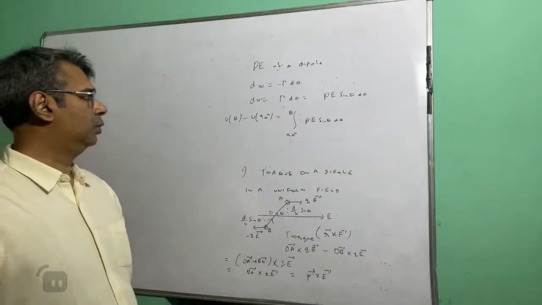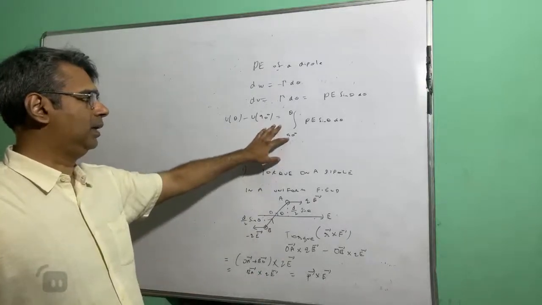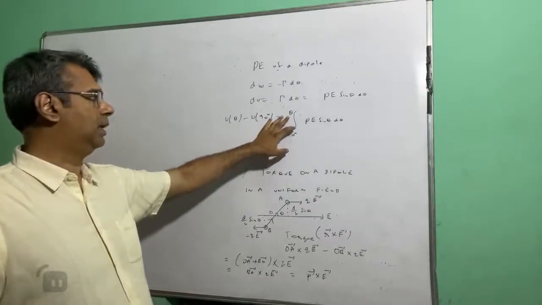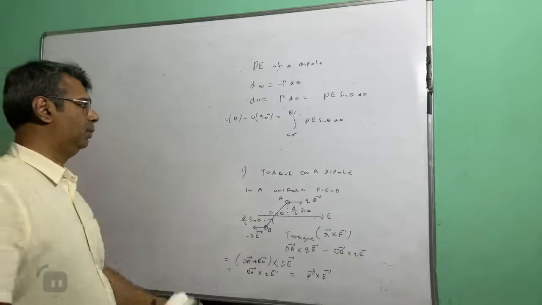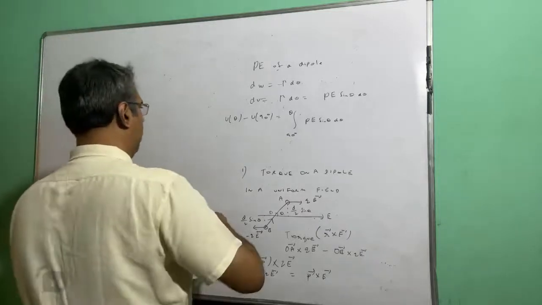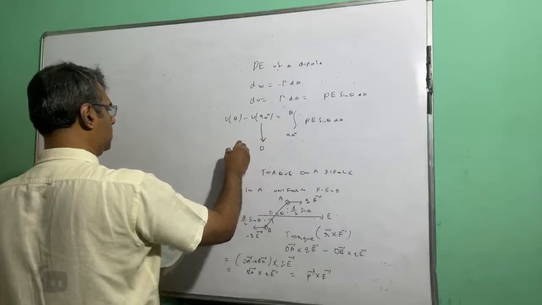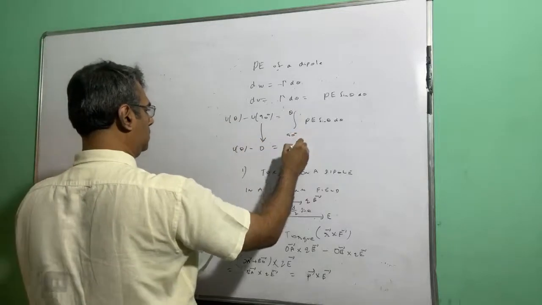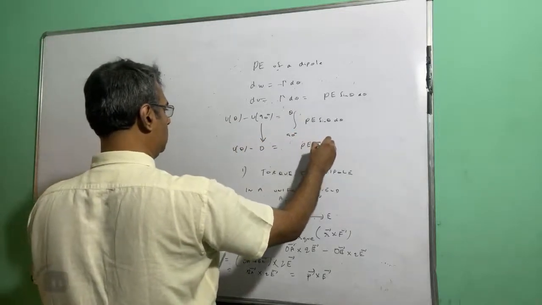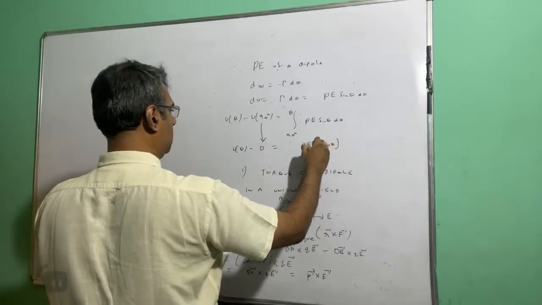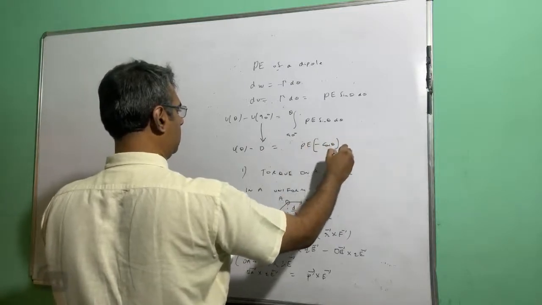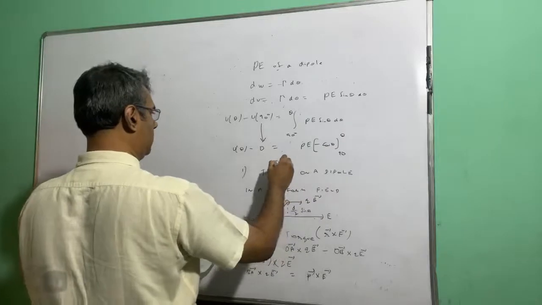Now, if you rotate the dipole from an initial angle of 90 degrees to a final angle of theta, this is the change in potential energy. Conventionally, we take the potential energy at 90 degrees as 0. The integral of sin theta is minus cos theta.